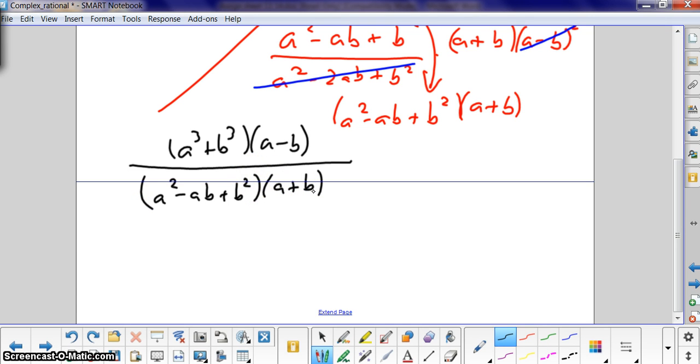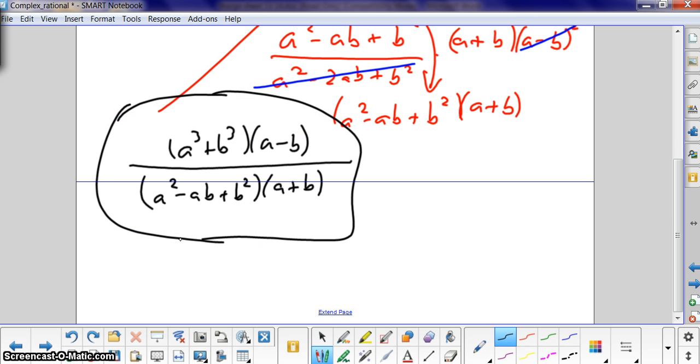And now notice I have no more complex rational expression. It's not complex anymore. It's just one fraction, polynomials over polynomials. Now notice these are factored. So I have two factors on the top, two factors on the bottom, and nothing seems to reduce.